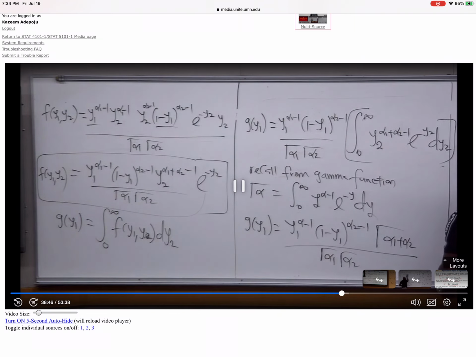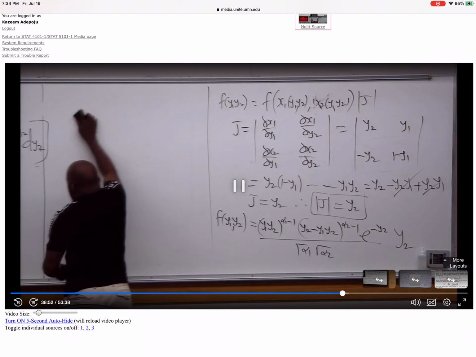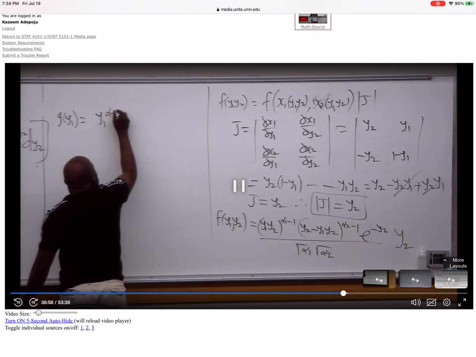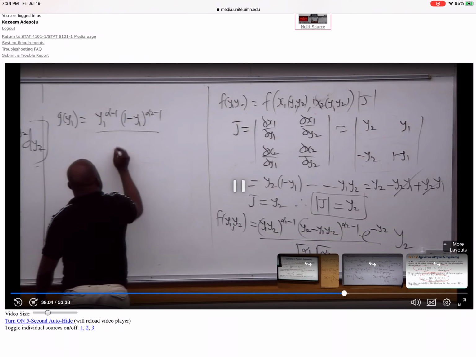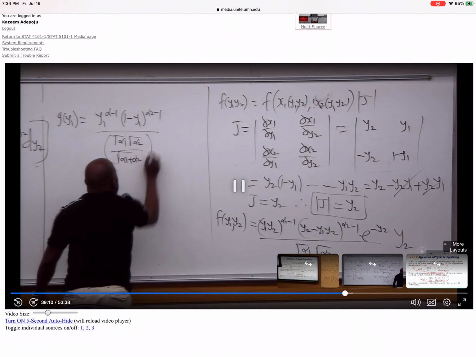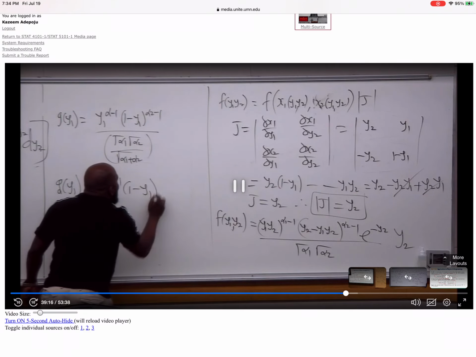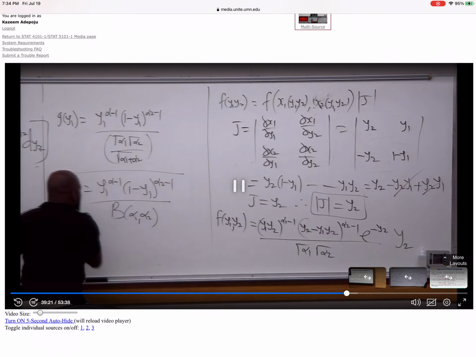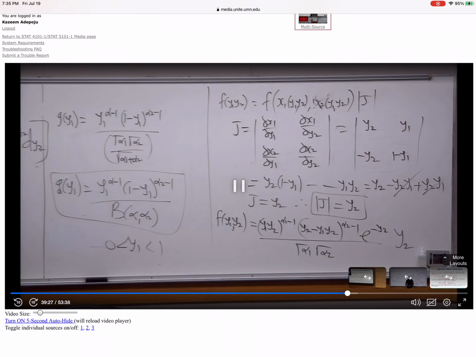And if I want to rewrite this guy here, y1 this, 1 minus this, divided by gamma alpha 1, gamma alpha 2, this is the same as the beta distribution that we derived before.